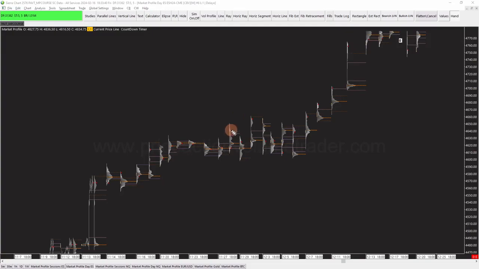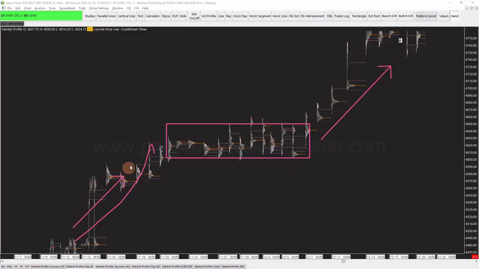So each TPO is the 23 hours of trading in the ES futures. And you can see how we had an impulsive move up here, and then we had a very clear balanced area that formed right around here before we started again the next impulsive imbalance trending move to the upside.